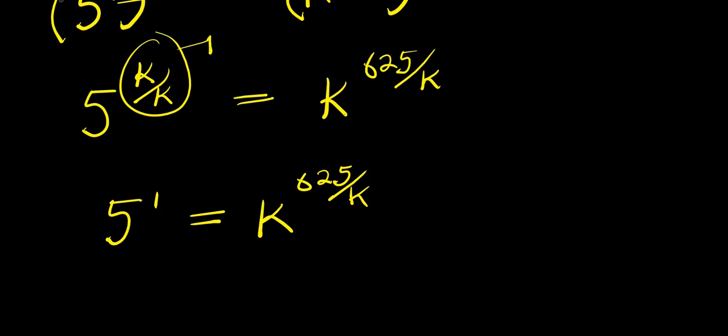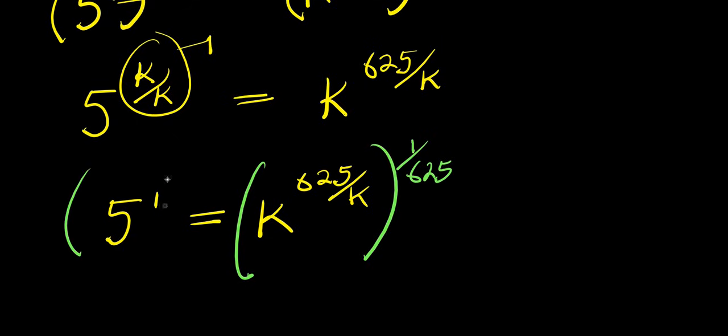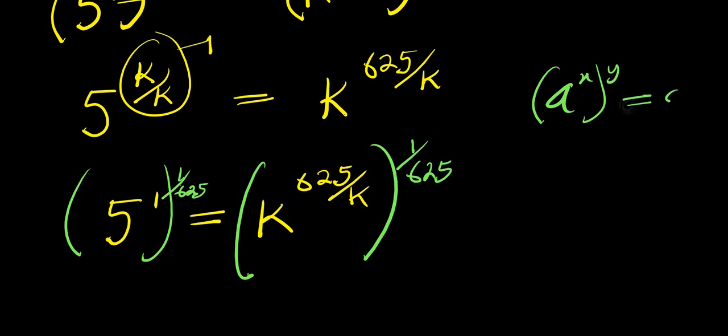Now, I can also decide to eliminate this 625 right here by multiplying this exponent by 1 over 625, and also multiplying this exponent by 1 over 625. Now, we go back to the same identity, a to the power of x raised to the power of y equals a to the power of x times y.